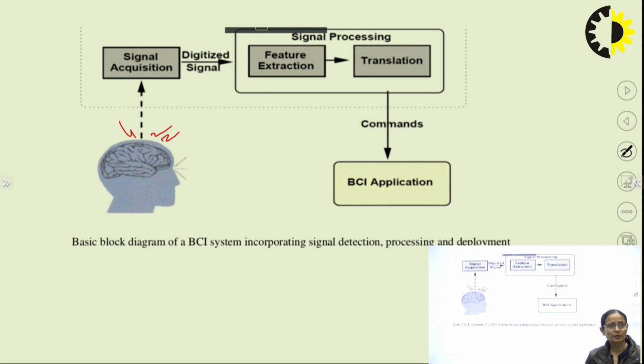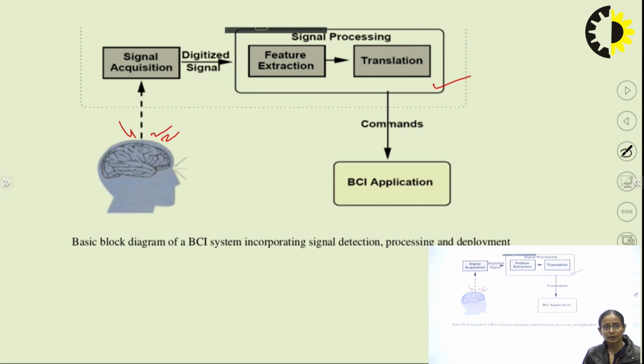That is, first we do signal acquisition, then this is converted into a digitized signal and sent to a signal processing unit. This signal processing unit comprises mainly two components: one is feature extraction and another one is translation.